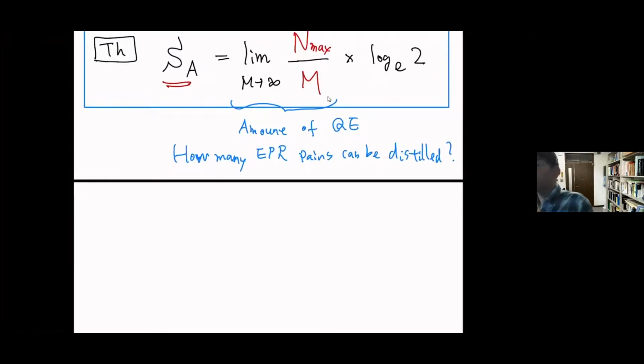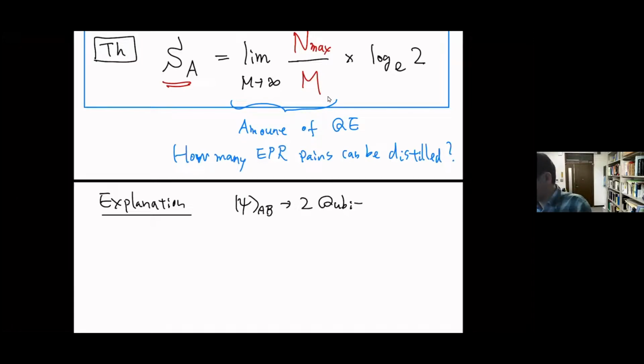Let me give some explanation. This gives a basic derivation, and the original proof is also like this. We just start with a 2-qubit state because it's easier. This psi AB is 2-qubit, but this is actually quite general.